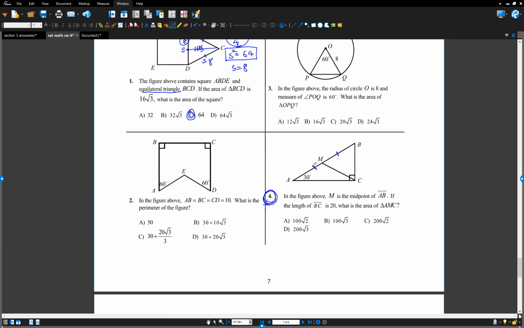The length of BC is 20. What is the area of the triangle AMC, this triangle? You know that this is 30, this is 60.